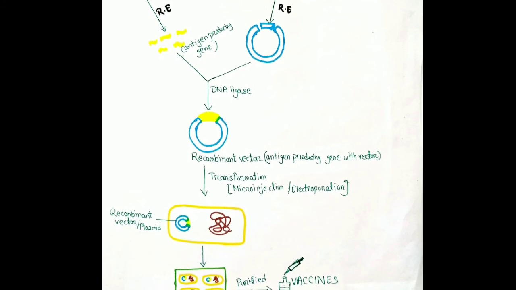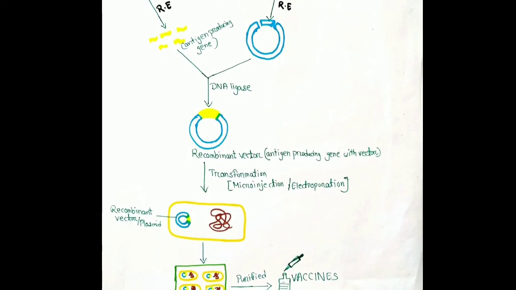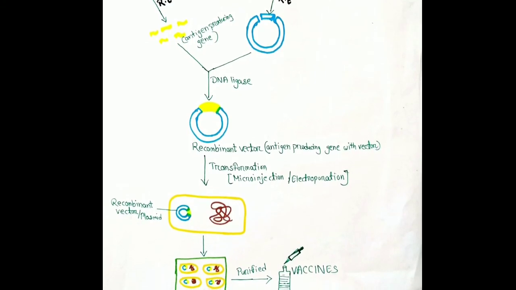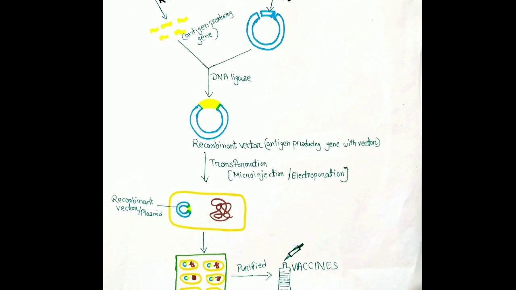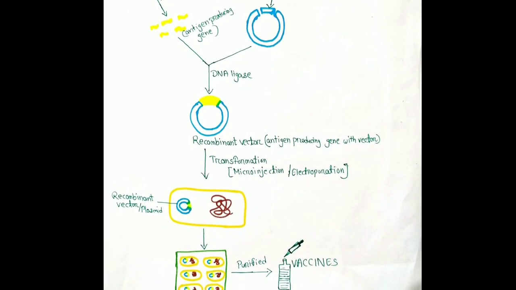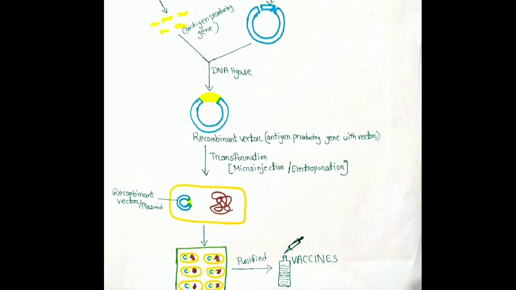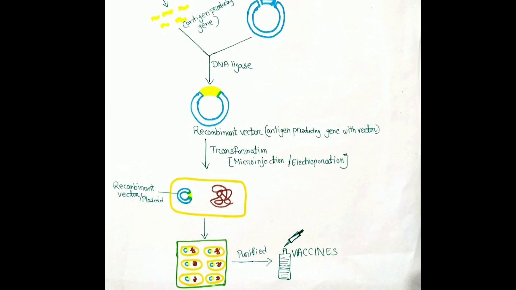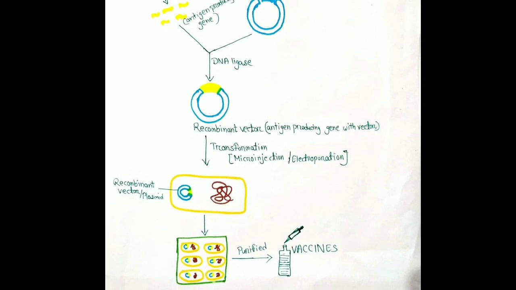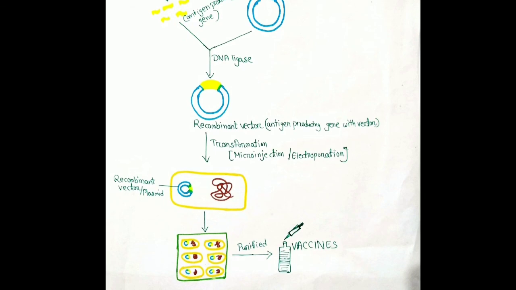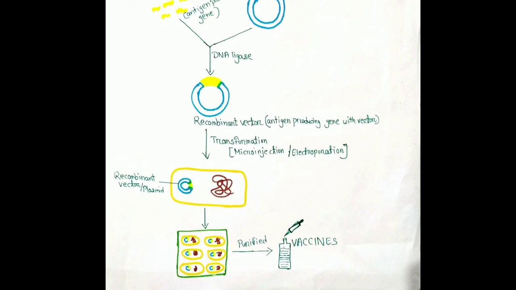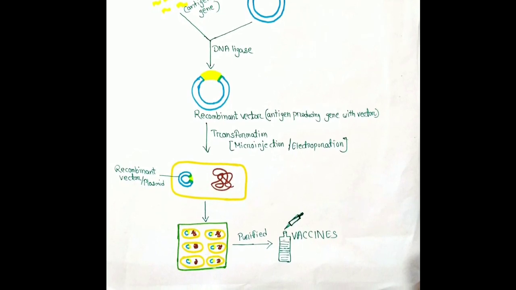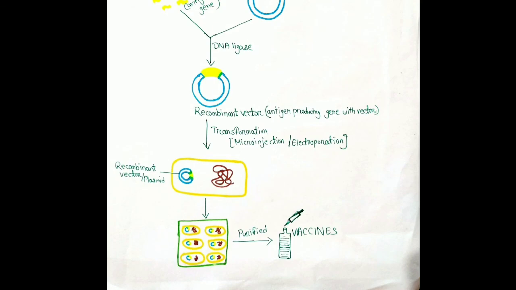In industries, large bioreactors are used for culturing those host cells, making several copies and producing a large amount of host cells which carry the recombinant gene. After production, extract and purify those cells, package them, and the vaccines are sent to the market for future use, which is beneficial for human beings.